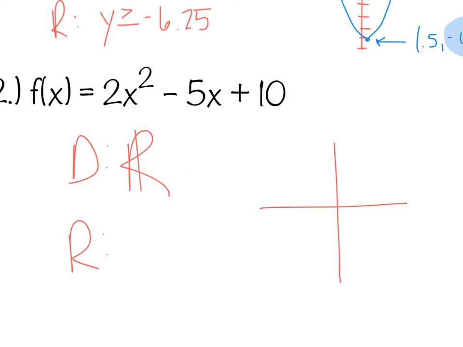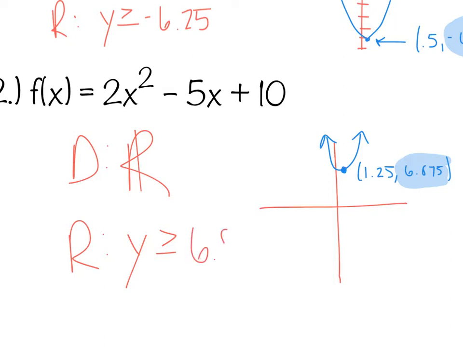The graph goes somewhere like this, and then the vertex is right there, and it ends up being the coordinate 1.25, comma 6.875. Now again, since we're dealing with range and we are only concerned with the y value, since the parabola does go in the upward direction, it would be y is greater than or equal to 6.875 as my range. And that's quadratics.